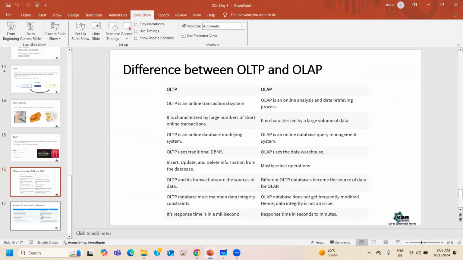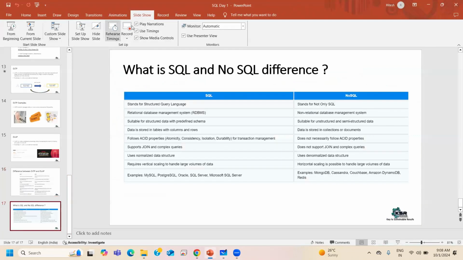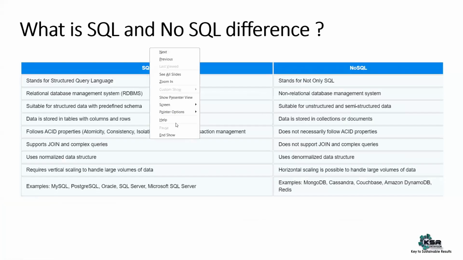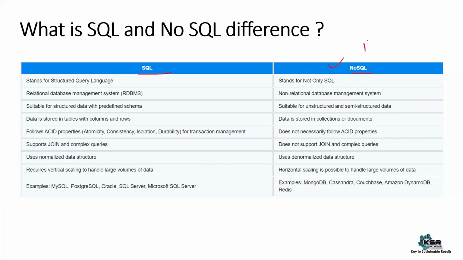Now, let me go ahead. In SQL also, there are two different entities: there is SQL and there is NoSQL. Now the question comes, what do you mean by NoSQL? Sometimes NoSQL can behave like big data or kind of unstructured data.